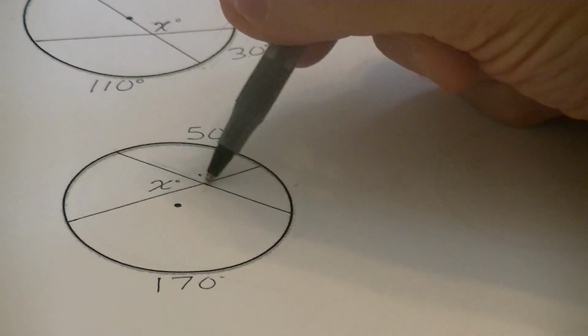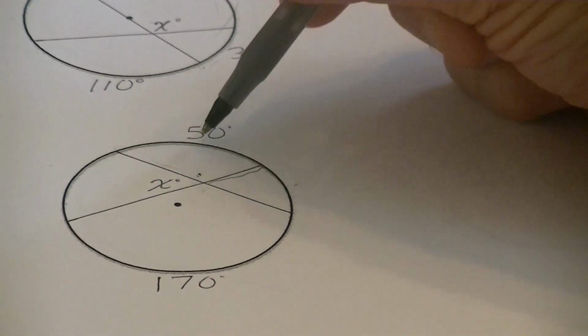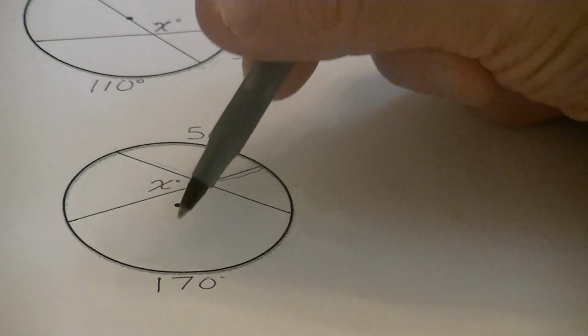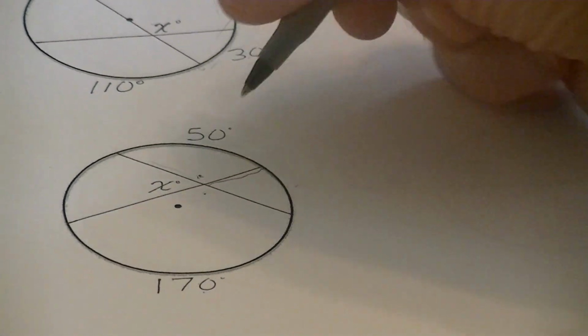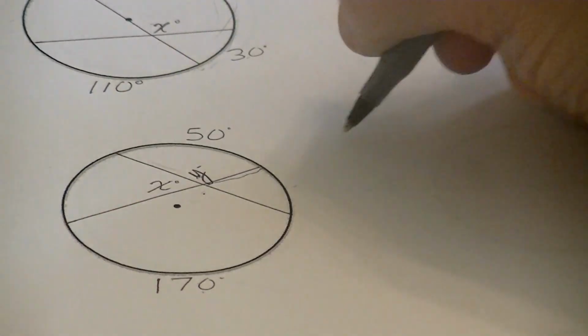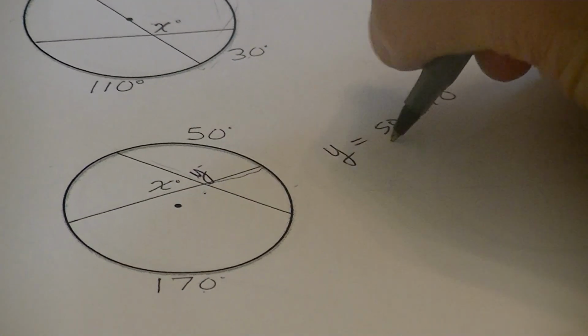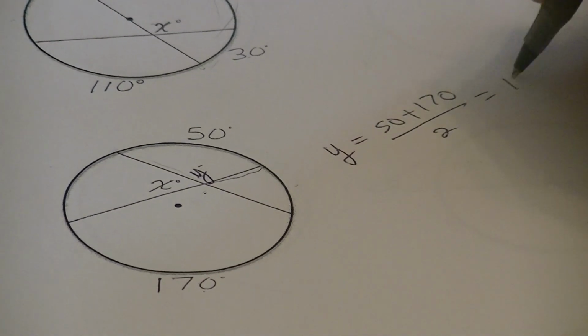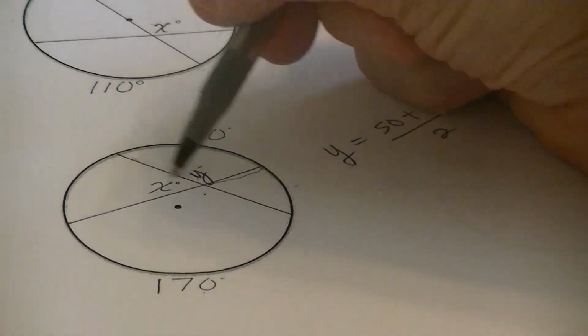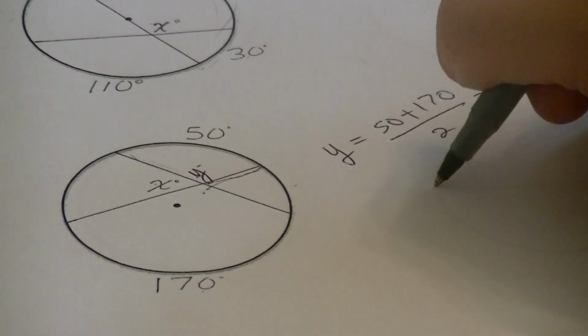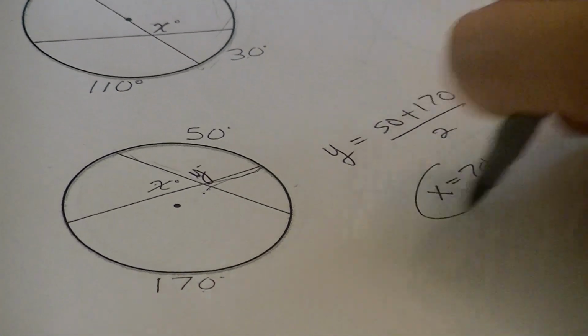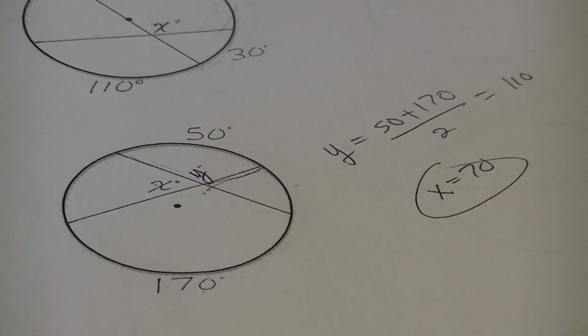Yes, where's the vertex? In the circle. So I take the arc, and I take the vertical angles arc, and I average them. So if I call this y, y is going to be 50 plus 170 over 2, so that's 110. So if this angle is 110 degrees and x is a linear pair with it, x must be 70.